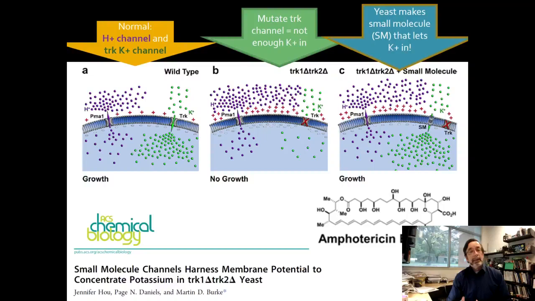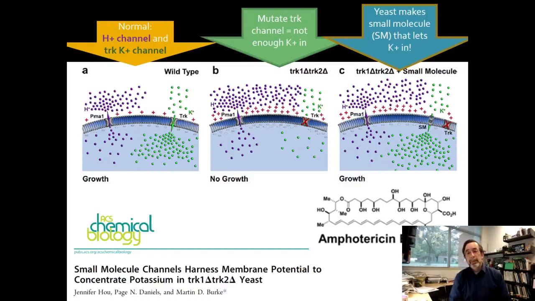And so they mutated the TRK channel. But then, into the mutant that was messed up and not growing, they added the amphotericin B, and the amphotericin B allowed them to replace the potassium transport that was mutated away. Again, we're like number A again. The amphotericin B by itself could replace the potassium channel that was needed for the wild type.